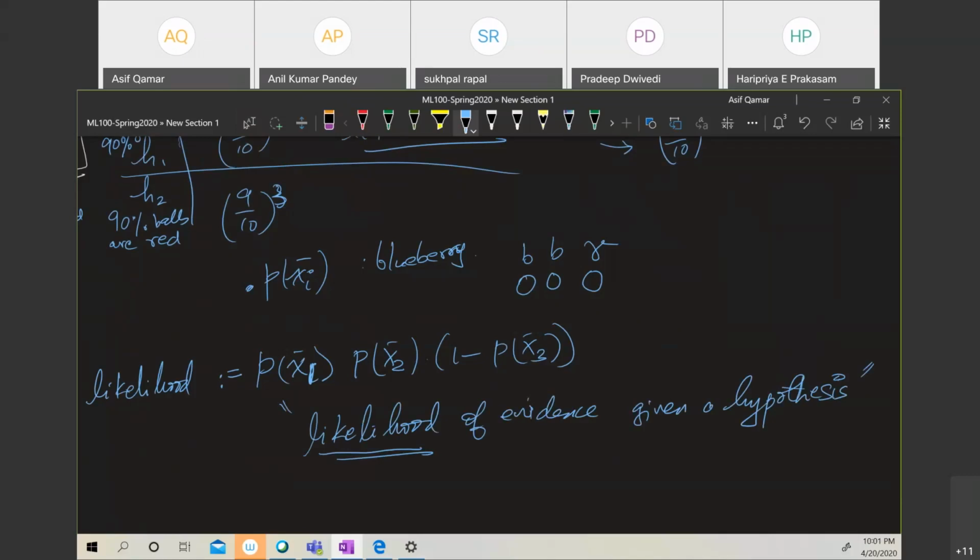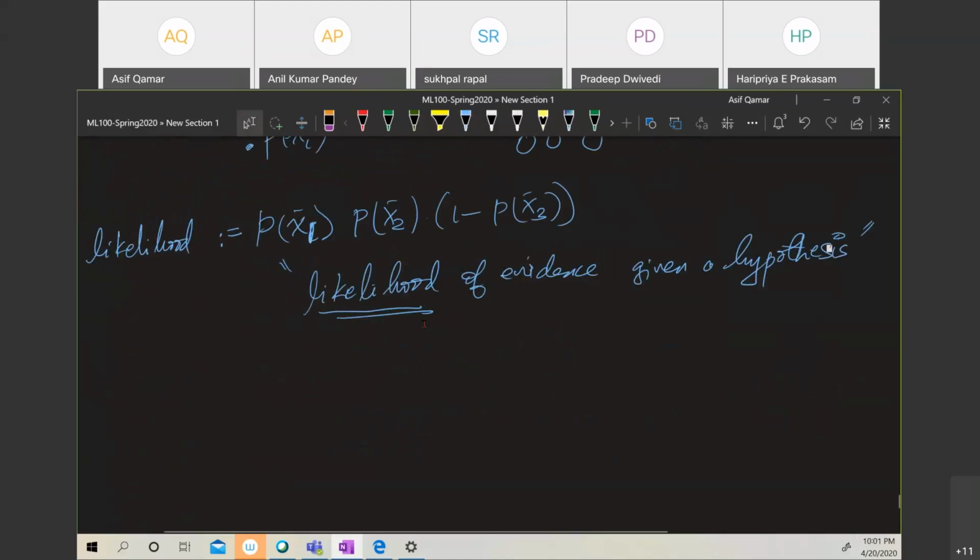So now likelihood is this, but then what do you want to do? You want to build that model, that probability function, which maximizes the likelihood, right? So you want to find that p(x) function that maximizes the likelihood.